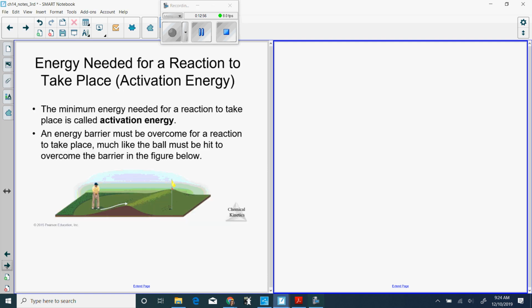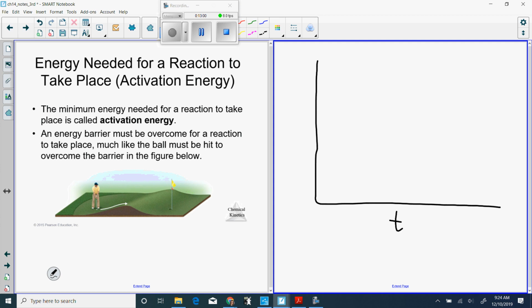We're going to draw a graph. We're going to go back to our energy graph, which is the exothermic endothermic graph. So we have time and we have energy. I'm going to make an exothermic graph for no real reason, just because that's what I'm picking.